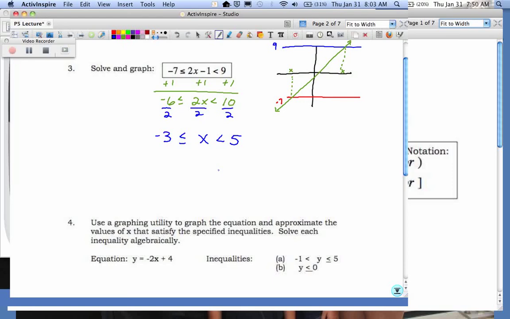Now notice we have 2 different inequalities in it, right? One's a strictly less than, and one's a less than or equal to. So on a number line, you would put your -3 and your 5. Because the -3 is sitting next to a less than or equal to, we will close the dot. The 5 is sitting next to a strictly less than, and we leave an open dot.